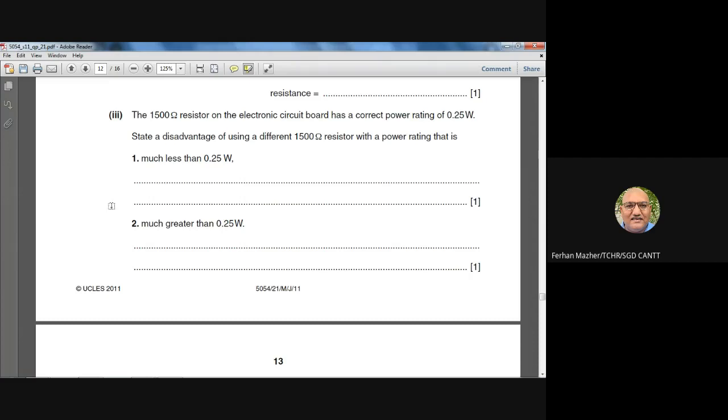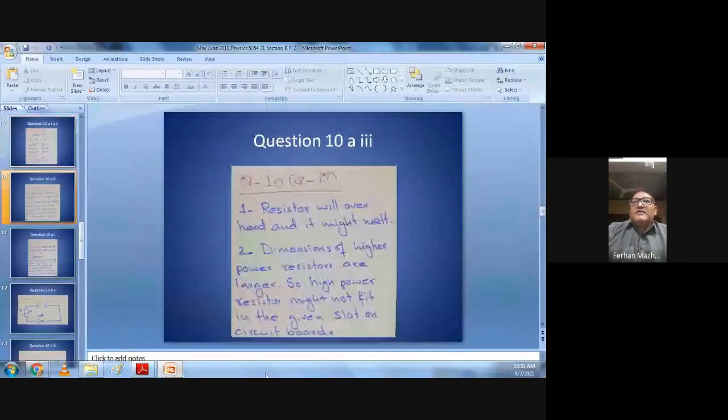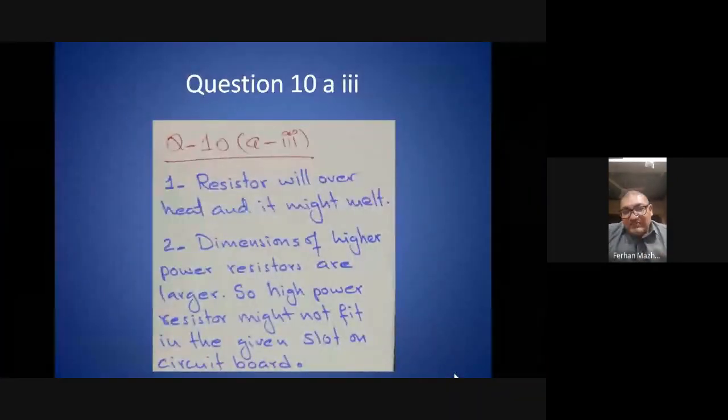That will happen when you try to use a 15 ohm resistor whose power rating is more than 0.25 watt. So I have written this answer. Let me show you my answers, and here we go. Resistor will overheat and it might melt. This is what will happen if you use a resistor of less than 0.25 watt.